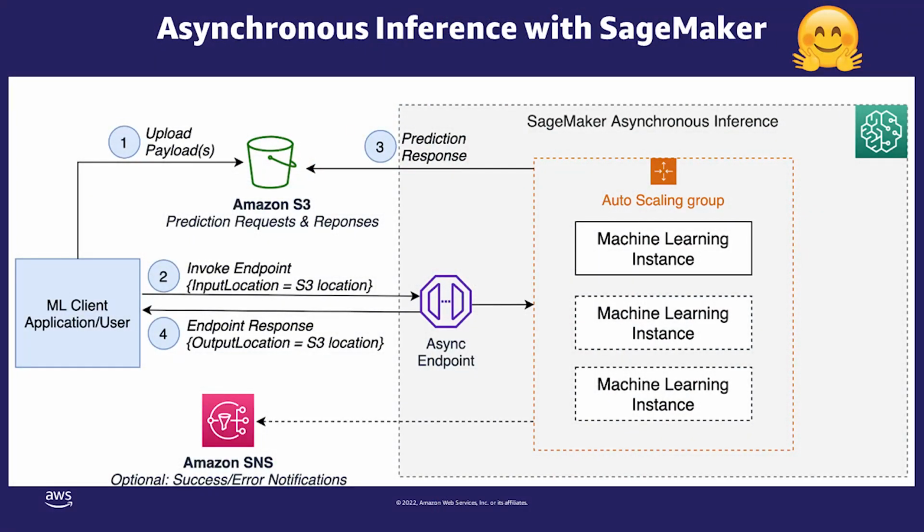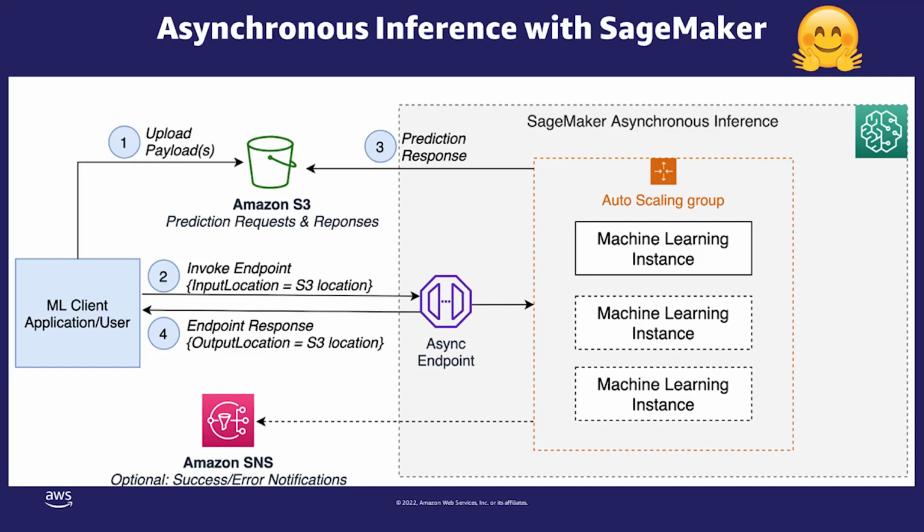You can also use asynchronous inference with SageMaker. Asynchronous inference is a solution we pushed out last year for larger models and models that don't need inferencing immediately. So if you don't need response times within milliseconds and you're comfortable with a couple of seconds, then asynchronous inference is a better approach.